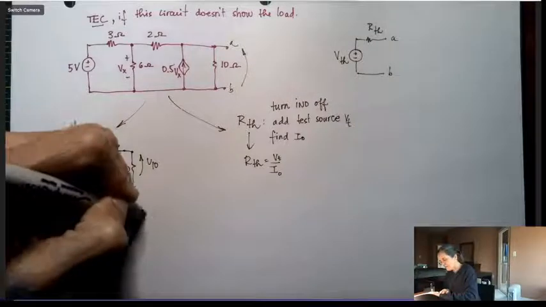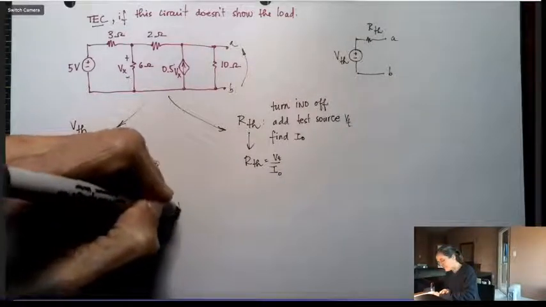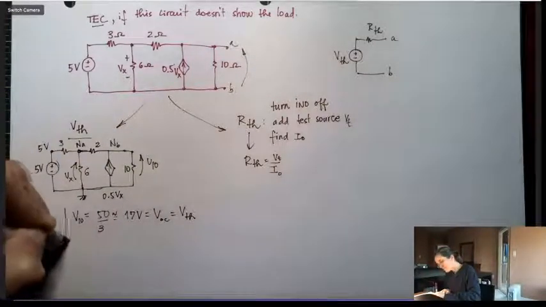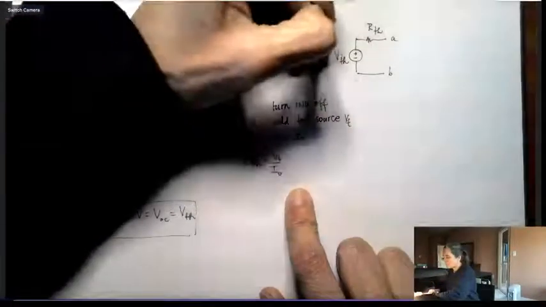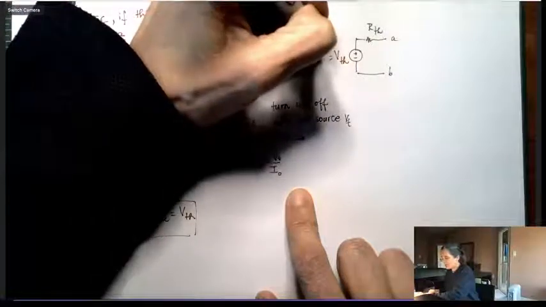So this here is the VOC, and it's also the V Thevenin, and we're not going to use this for anything else. We're not going to use this on this side. So the V Thevenin, I am done with this. I'm going to say it's 17 volts.